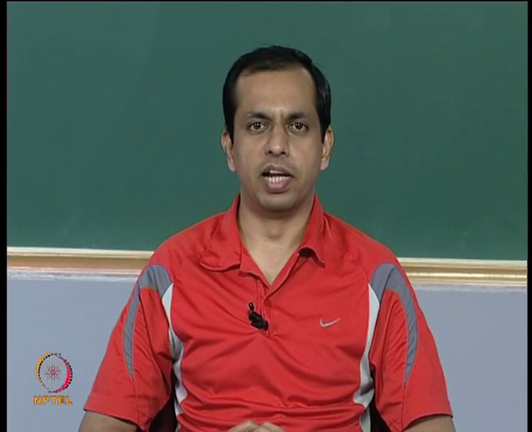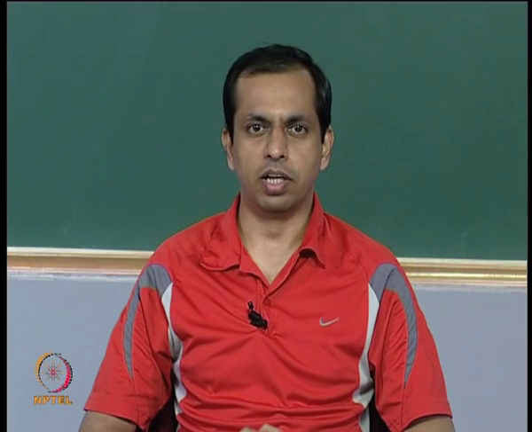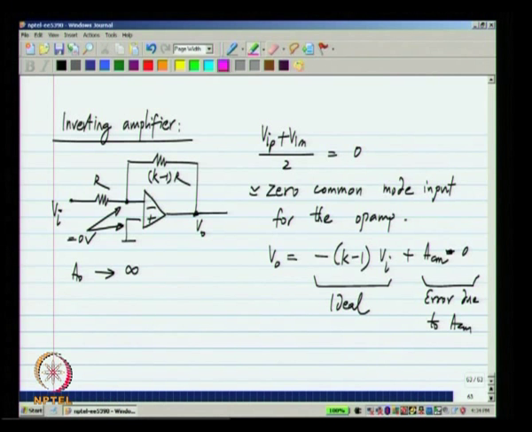You expect that because the common mode voltage is very large in a non-inverting amplifier, the effect of nonlinearity will come out much more strongly. We saw that the non-inverting amplifier has a very large common mode voltage. So, any effect of common mode gain and consequent nonlinearity will be much larger in a non-inverting amplifier than in an inverting amplifier.